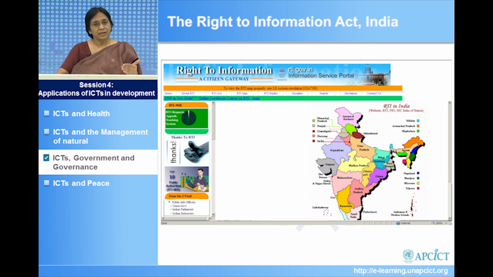Disclosure of information is one of the most important parts of governance. And I can tell you that this is a very, very powerful way of using technology, because at the click of a mouse you can file a complaint and the concerned officials are legally bound and liable to address the requirements. I would like to add here that the way in which the earlier NREGA project is run and the way in which some of the other ICT projects are run in India are based upon the ability of citizens to use the Right to Information Act to access information.